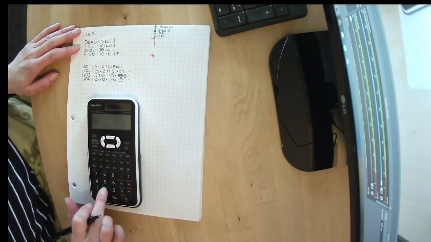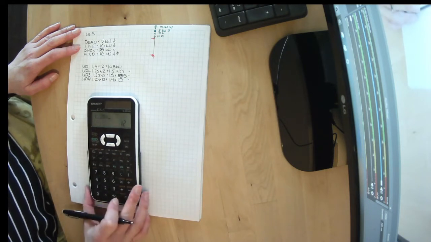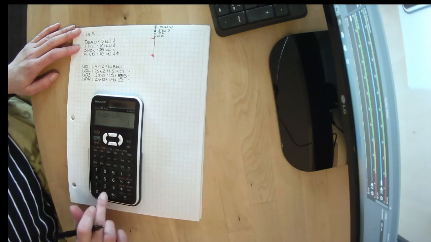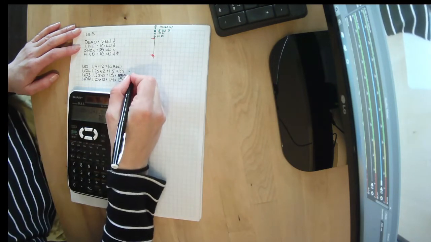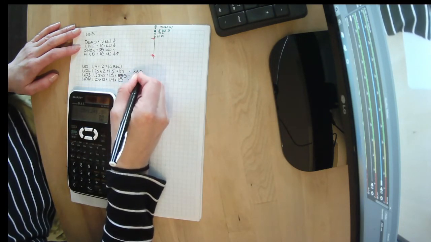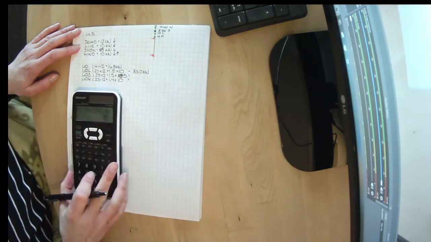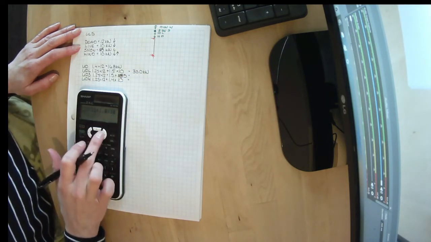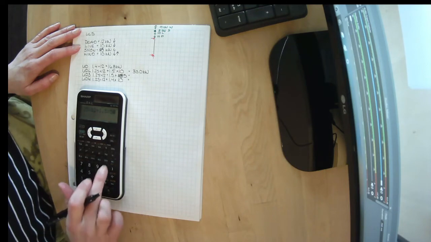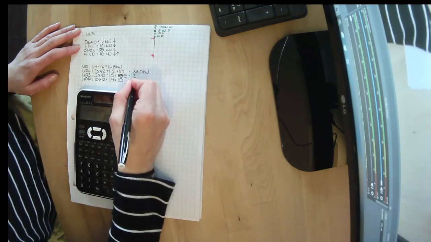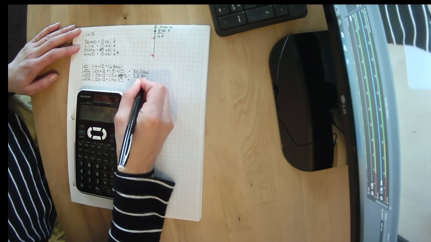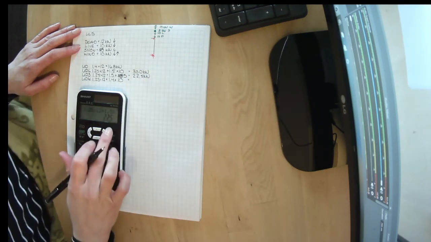So we've got 1.25 times our 12 kilonewtons plus 1.5 times our 10 kilonewtons of live, or 30 kilonewtons. It could have been 1.5 times 5 kilonewtons of snow, or 22.5 kilonewtons.